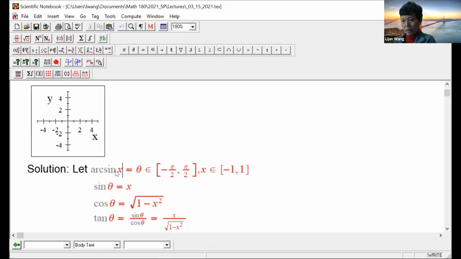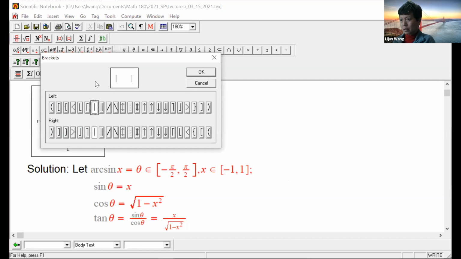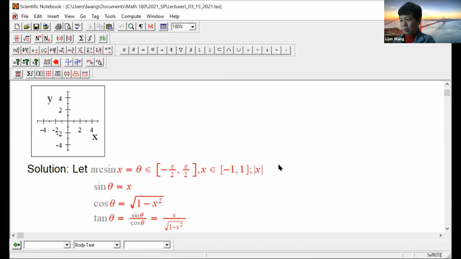The domain of arcsine is from negative 1 to positive 1, i.e., the absolute value of x is less than or equal to 1, or negative 1 is less than or equal to x, less than or equal to positive 1. We have been using all these forms, right?